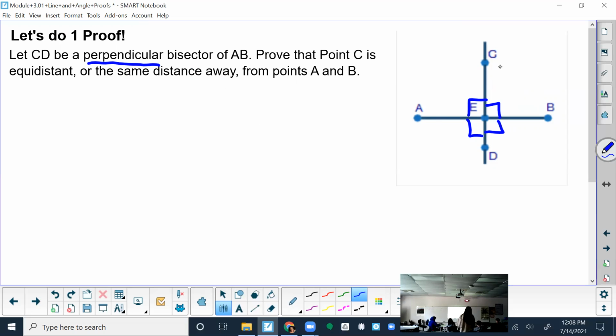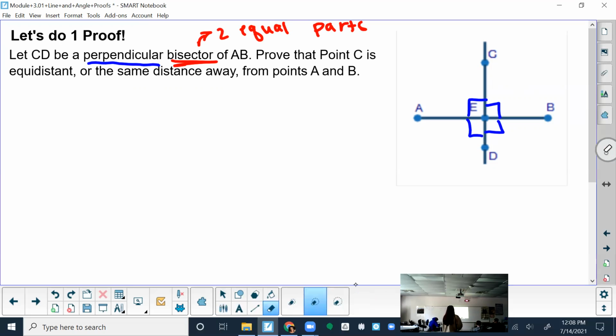It also says that line CD is a bisector of AB. What does bisector mean? It means cutting in half, right? We're putting a line where it separates something into two equal parts. So bisector, by definition, means that we're going to have two equal parts.